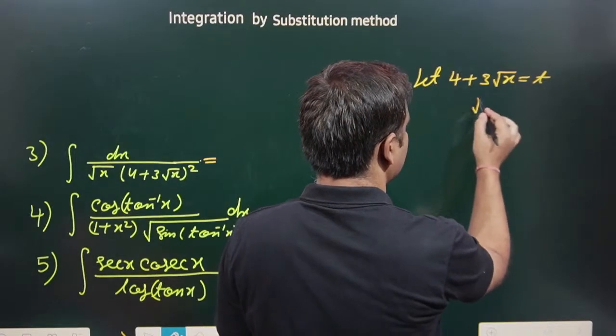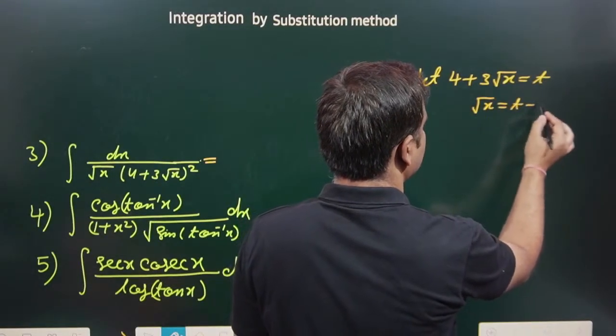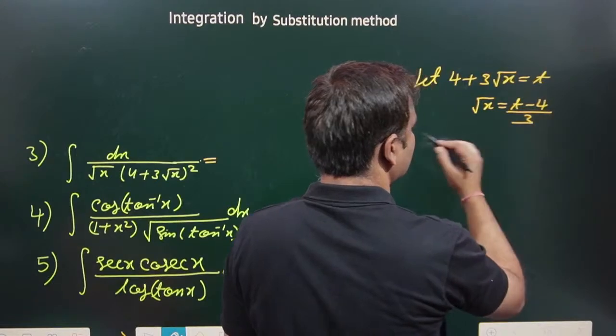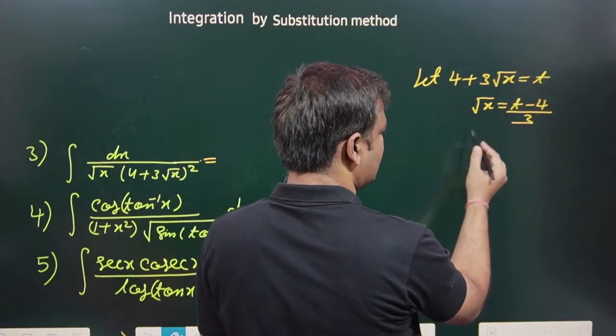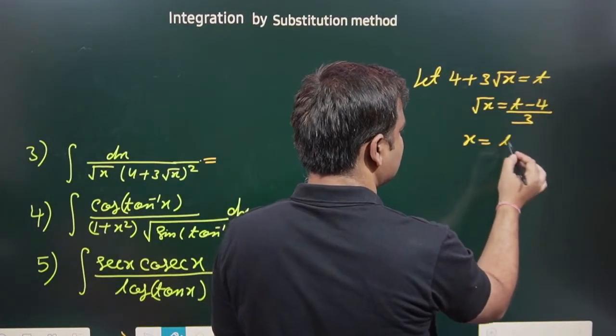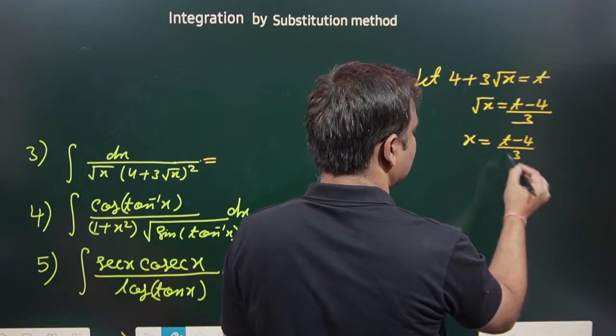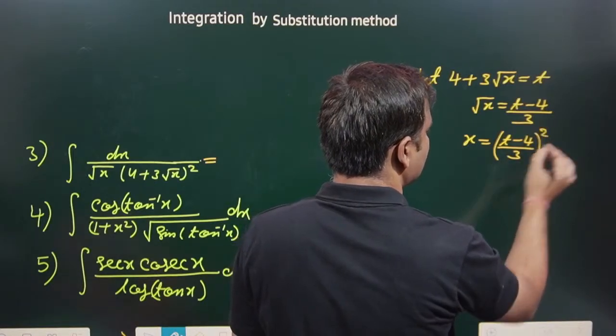So root x is equal to how much? t minus 4 divided by 3. Now what about x? x is written as t minus 4 divided by 3 to whole square.